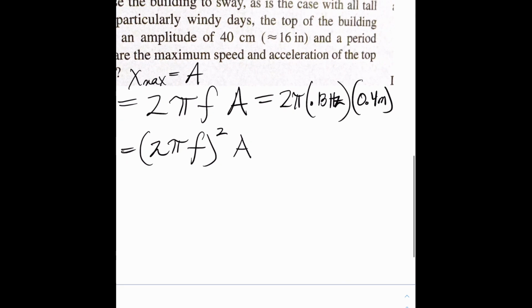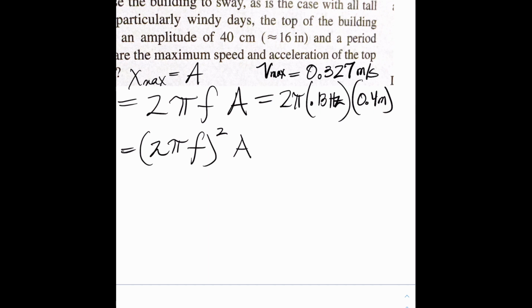And what does that end up equaling? Let me plug it in my calculator. Looks like I'm getting about 0.327. This is Vmax: 0.327 meters per second.